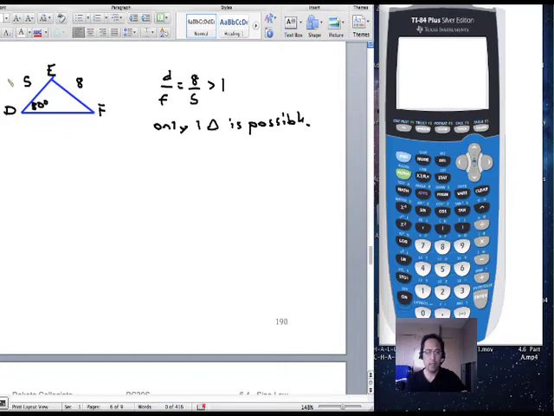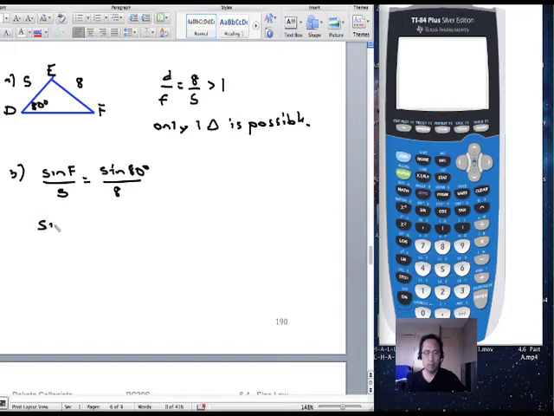So there's A. For B, we're supposed to calculate what we're solving the triangle. So we can figure out angle F. Sine F over 5 is going to be equal to the sine of 80 over 8.